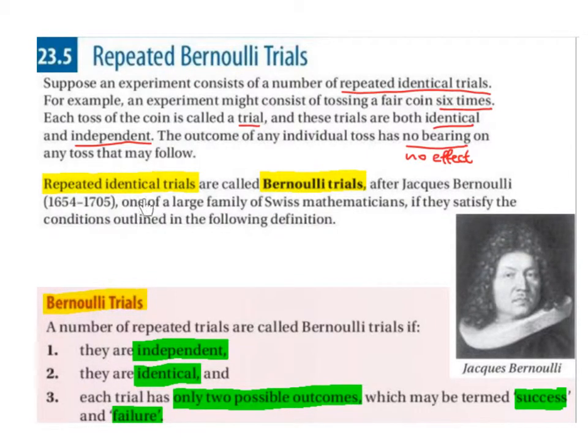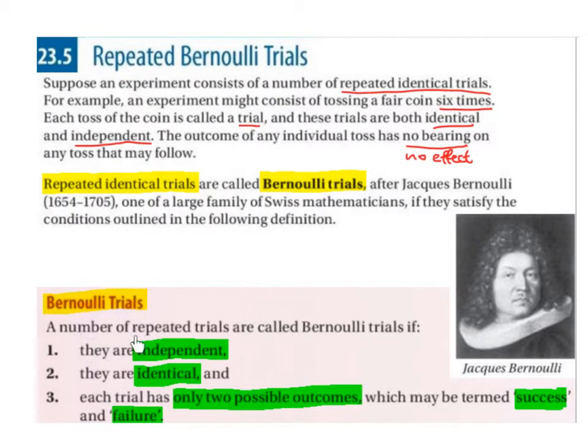Repeated identical trials are called Bernoulli trials, after Jacques Bernoulli, 1654 to 1705, one of a large family of Swiss mathematicians, if they satisfy the conditions outlined in the following definition. So, these are the conditions that follow Bernoulli trials.